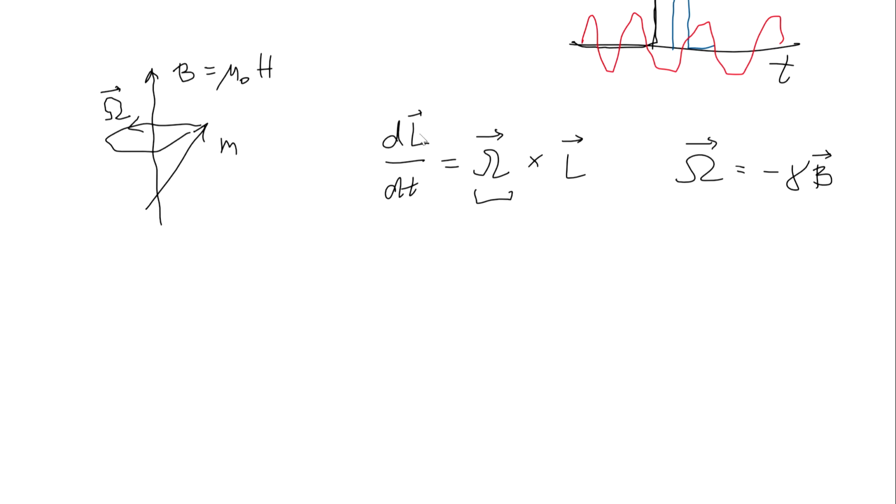Now, we did it for L because we implied that there is a current loop producing this magnetic moment.